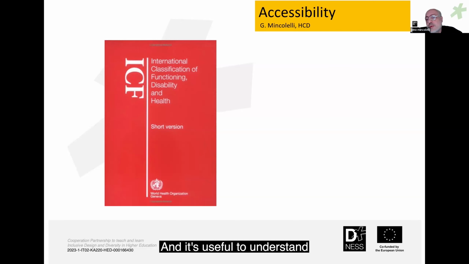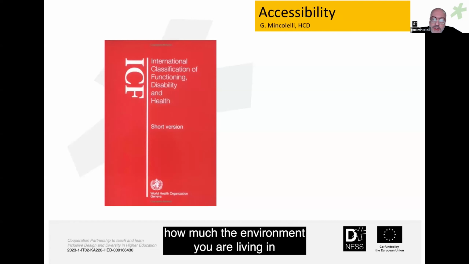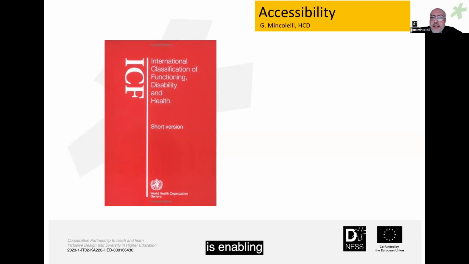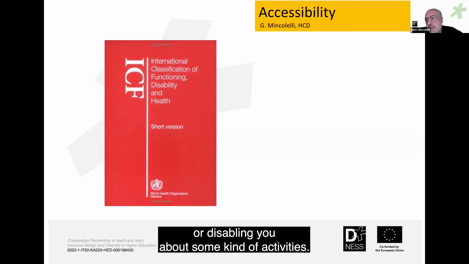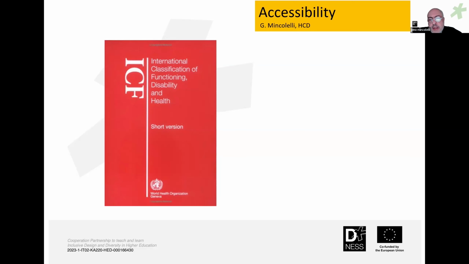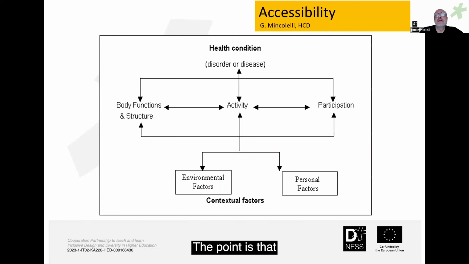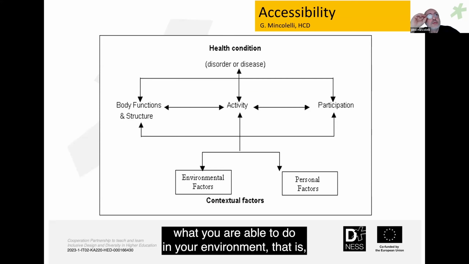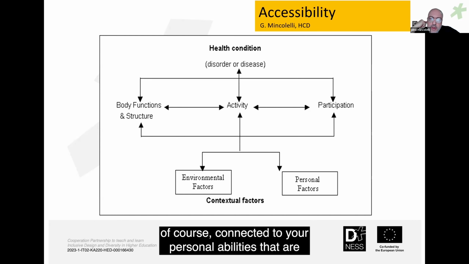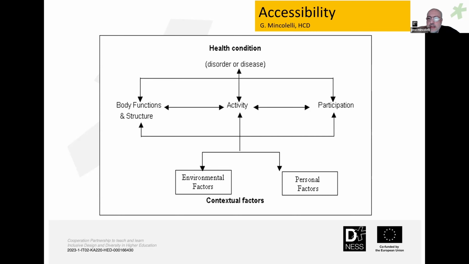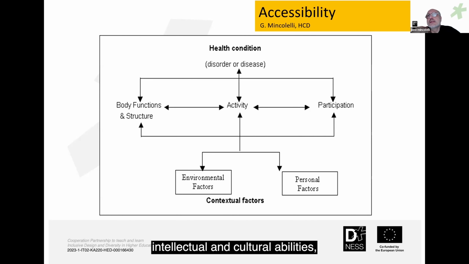And it's useful to understand how much the environment you are living in is enabling or disabling you in some kind of activities. The point is that what you are able to do in your environment is, of course, connected to your personal abilities, physical and intellectual and cultural abilities, but also to contextual factors.